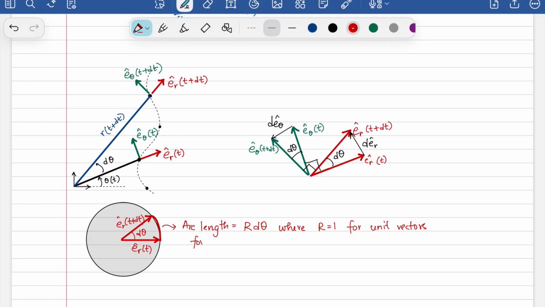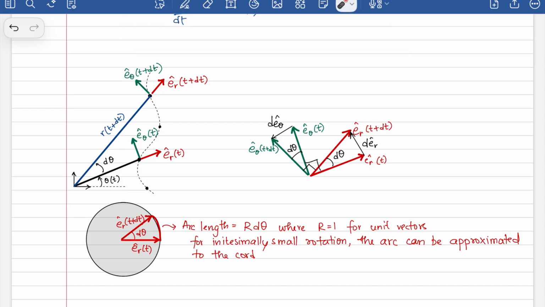For an infinitesimally small rotation, the arc can be approximated to be a straight line, or in the terms of circles, the chord.